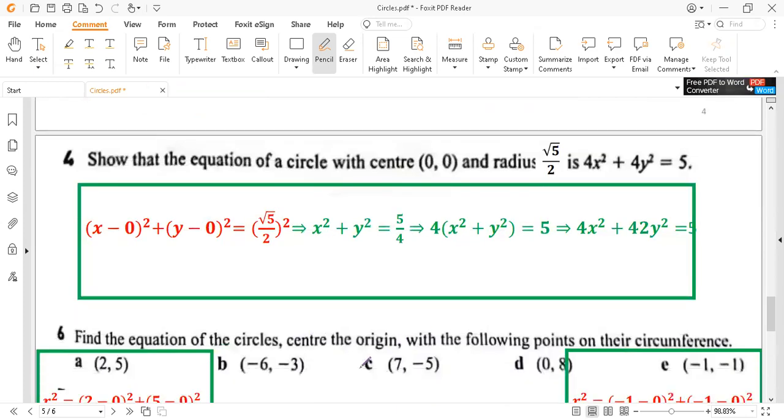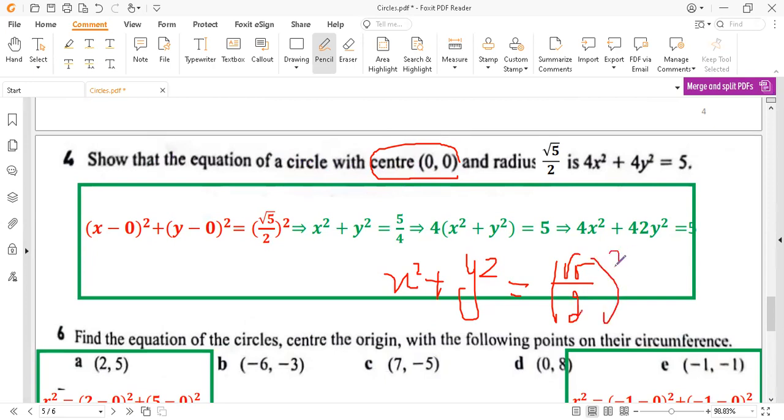Okay, easy. They ask us in the fourth exercise to show that the equation of the circle with the center 0, 0 is, normally, x squared plus y squared equals r squared. The radius is radical 5 over 2. The radius should be squared. So radical 5 squared is 5, and 2 squared is 4.